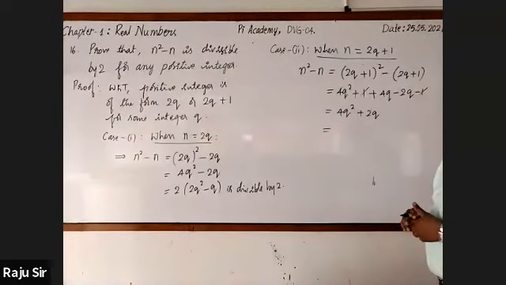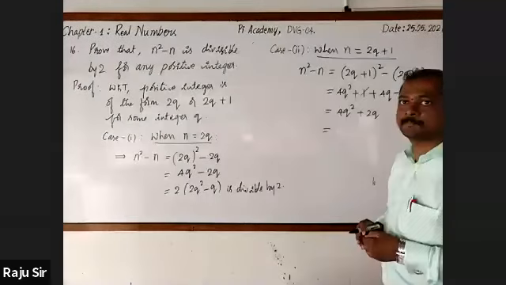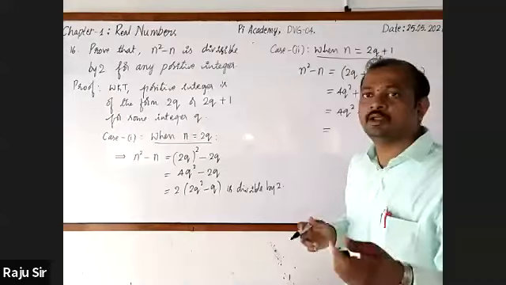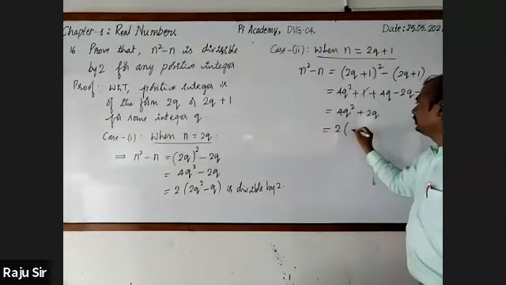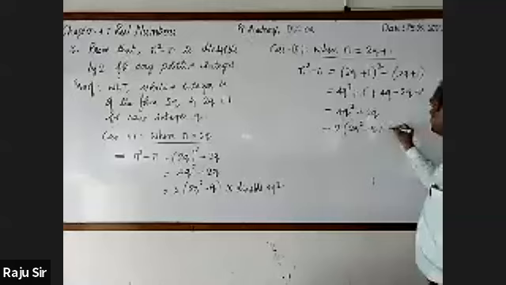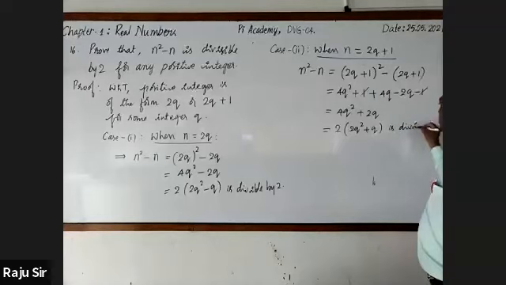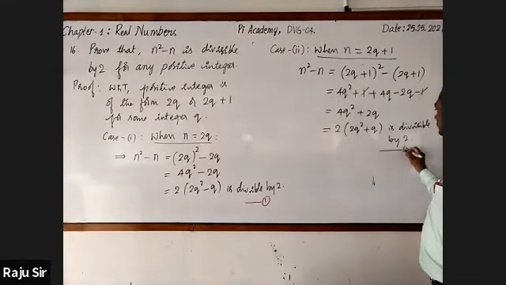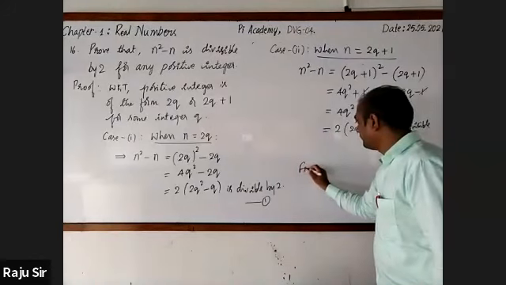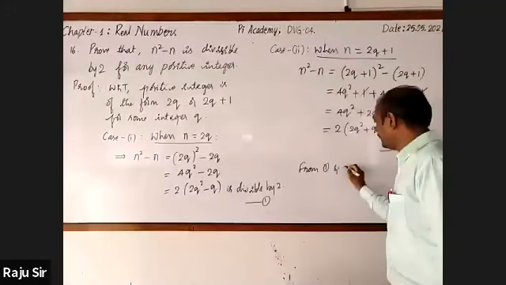Next step: take 2 as common. Either 2 as common factor or 2q as common factor, whatever can be taken. 2 into 2q square plus q is divisible by 2. Now you may call this statement 1 and this statement 2.